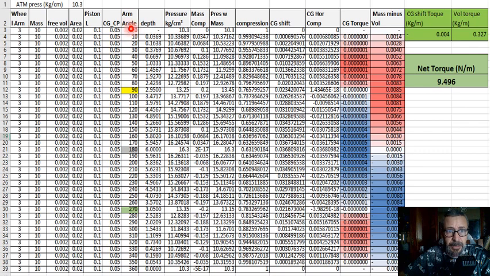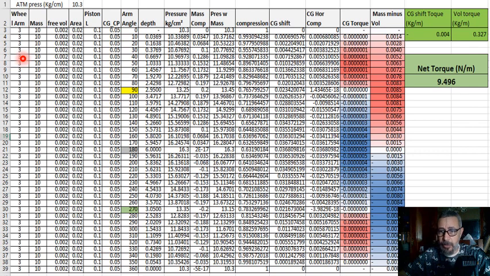Here the arm angle: I presumed 36 arms with 10 degrees separation, and took the calculation for each arm, how it's going to be, and finally it gave me a net torque of 9.5 newton-meters, for a wheel that is 6 meters in diameter.